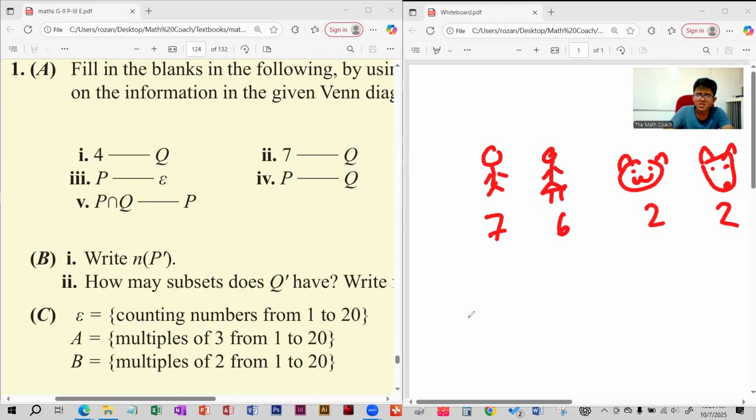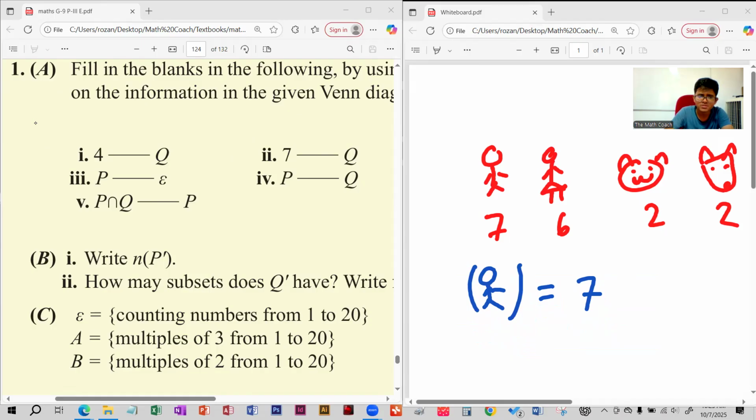Now, what if I say boy complement? You must find the boy, but you must complement. First of all, let's say boys. How many boys are there? There are 7 boys, right? Good. But if we say boy complement, that means we should find the number of all the other people except for boys.